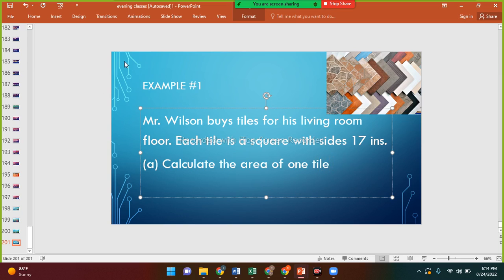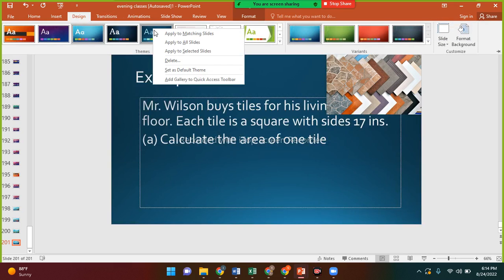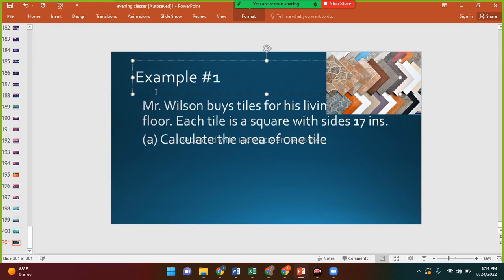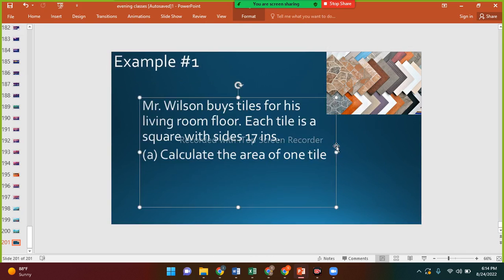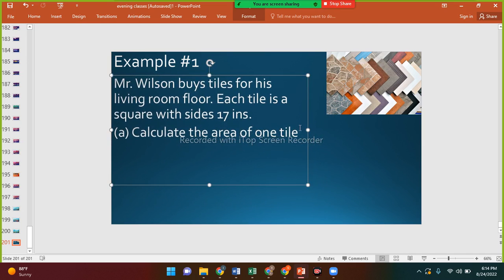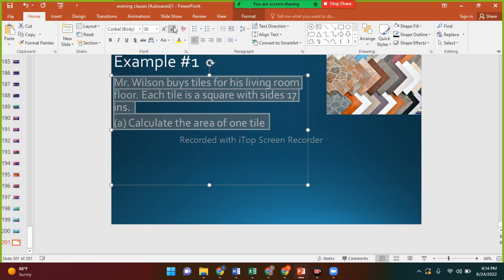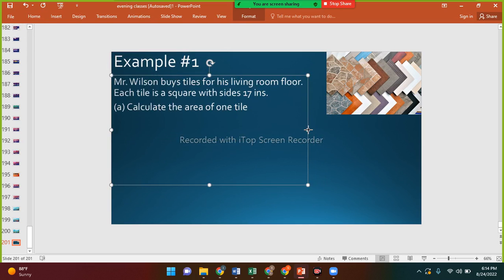We calculate the area of one tile. Let me put this over or send this over. That's the first thing that they want us to do, to calculate the area of one tile. Maybe we can extend this some more and make this smaller.